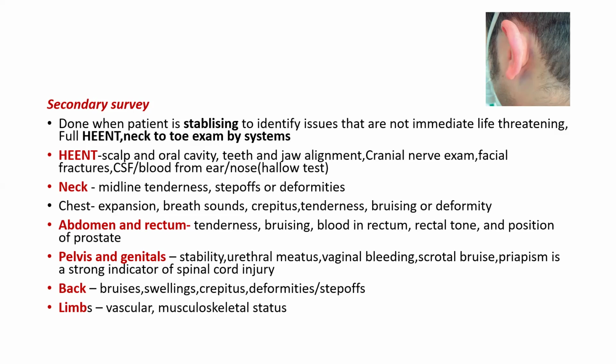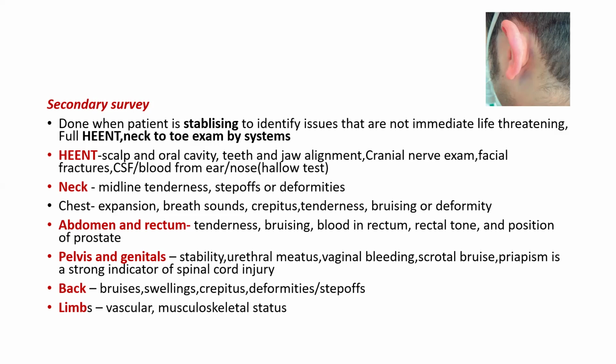For the pelvis and genitals, you're looking at the stability of the pelvic bones. You're looking at the urethral meatus to see if there is blood at the meatus, indicating injury to the urinary system. Vaginal bleeding, actually a vaginal examination should be part of the secondary survey when you have such patients. You're looking for scrotal bruise.